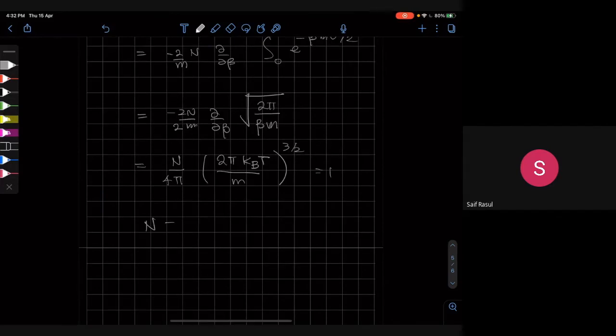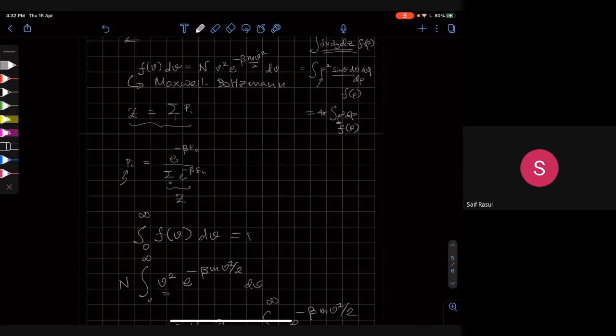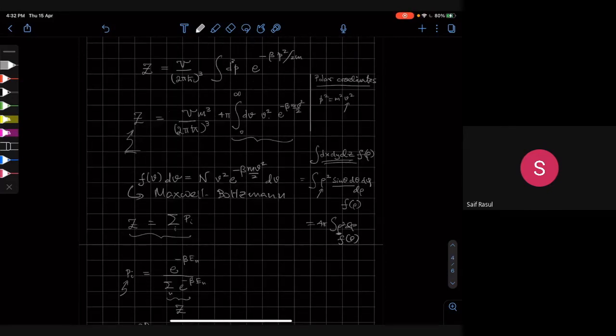That means that n has to be 4 pi times m divided by 2 pi kBT to the power 3/2, okay? So with this value of n in this equation, let me just box this equation. We get the Maxwell-Boltzmann distribution, okay?